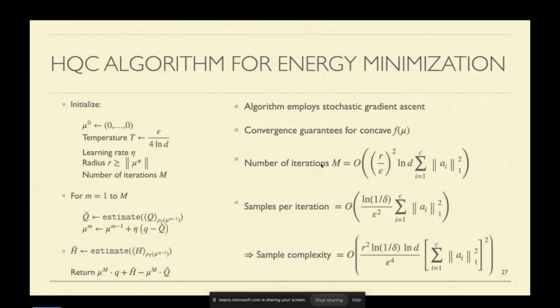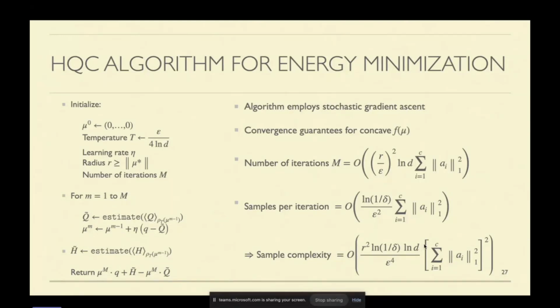So then to get the overall number of samples of thermal states you need, you just multiply the number of iterations of the algorithm, which is this m, by the number of samples of thermal states you need per step of the algorithm. You multiply these two expressions and you get this. So you see here there was 1 over epsilon squared, 1 over epsilon squared, it makes 1 over epsilon to the 4th power. The radius dependence is again squared. And nicely, the dependence on the algorithm is proportional to log d, which is the number of qubits.